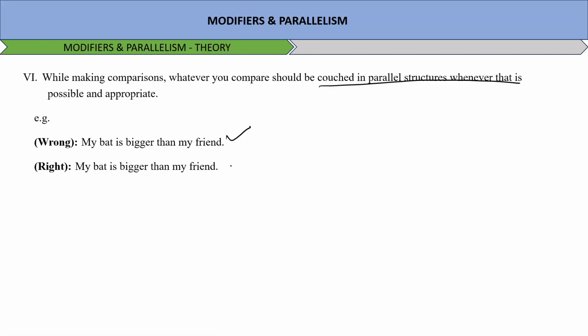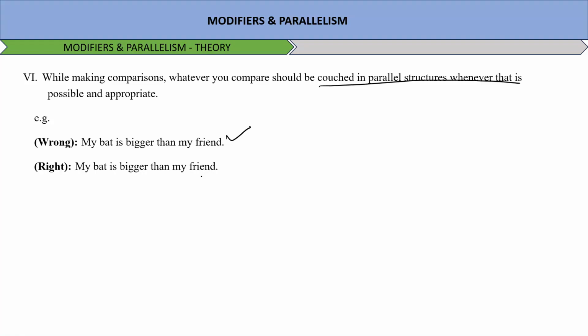Okay, I think we are missing out something. While making comparison, whatever you compare should be couched in parallel structures, like my bat is bigger than my friend. So what does it mean? Is your friend bigger than your bat? Is that what you are comparing here? Comparing your friend with a bat, actually doing that.